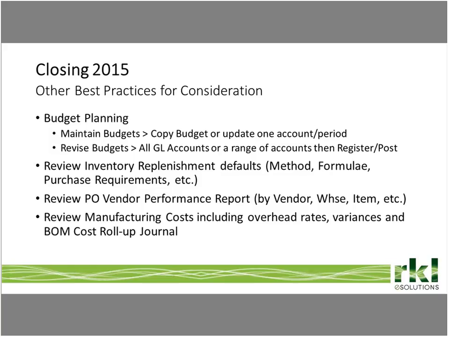Speaking of vendors, there is a purchase order vendor performance report, and that report can be run by vendor, by warehouse, by item, and it can include statistics or metrics based on data that you have the option to enter when you're doing receipts of goods and receipt of invoice.